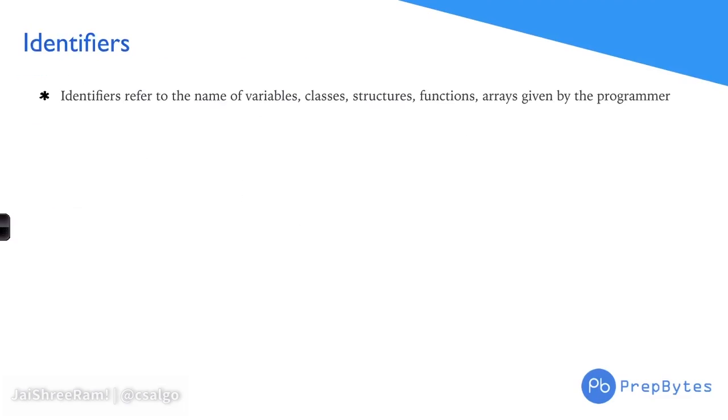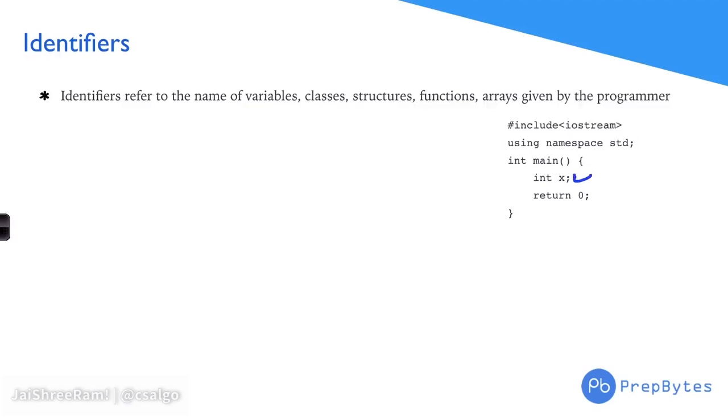Identifiers refer to the names of variables, classes, structures, functions, and arrays given by the programmer. If you declare any of your own elements in the program, be it variables, classes, structures, objects, functions, or arrays, you will have to give it a name, right? In this case, we have x as the variable.